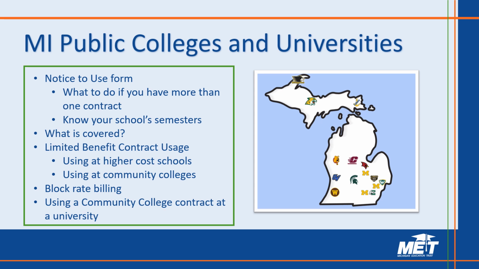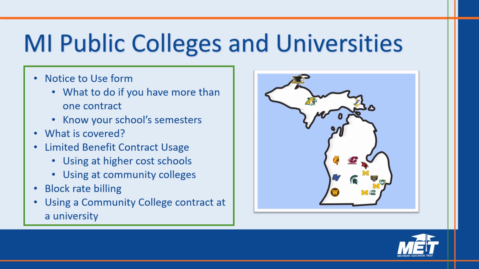If you have a full or limited benefits contract, and you can tell this by your contract number, if it has an L in the contract number, it is a limited benefits contract. If there is not a letter after the dash in the contract number, you have a full benefits contract. If you have this and you are going to attend a Michigan public college or university, MET will pay the university tuition and mandatory fees for however many credits you have on your contract.